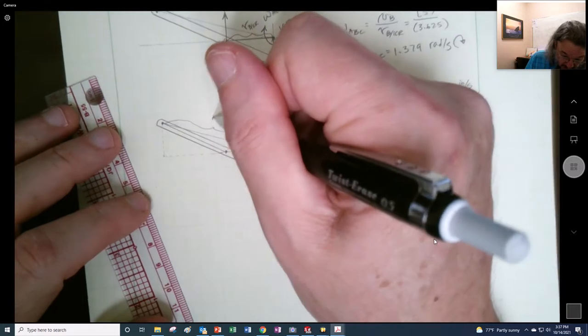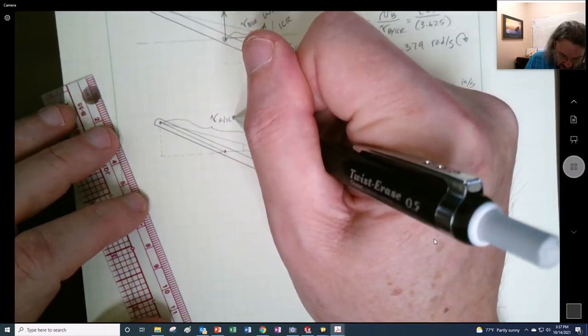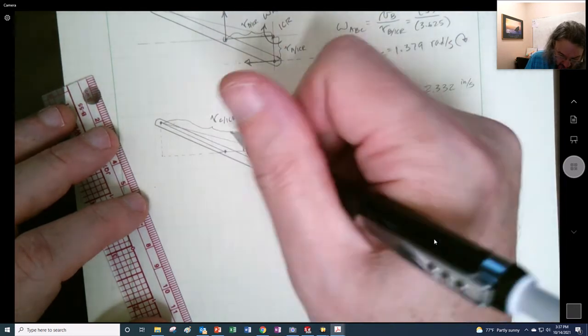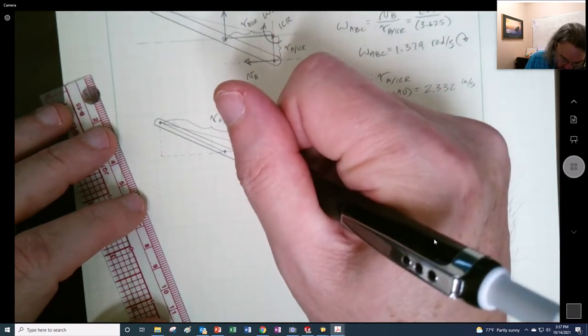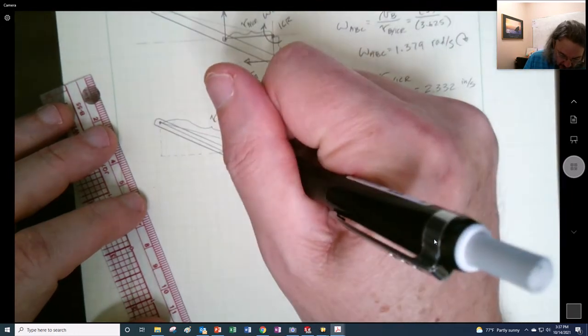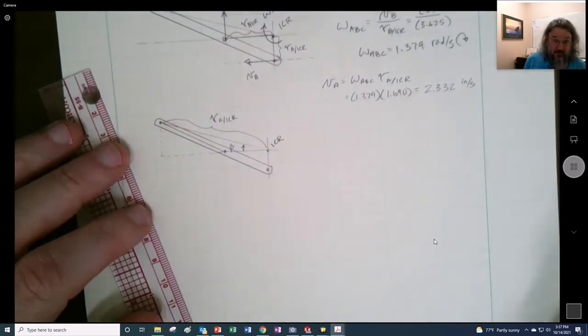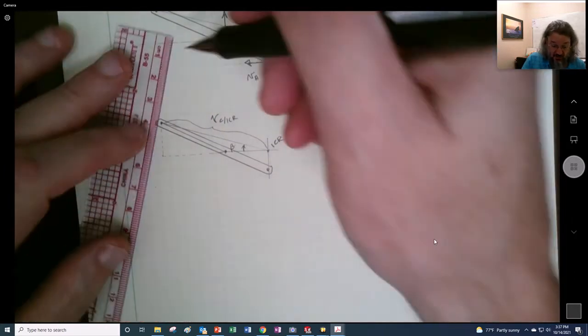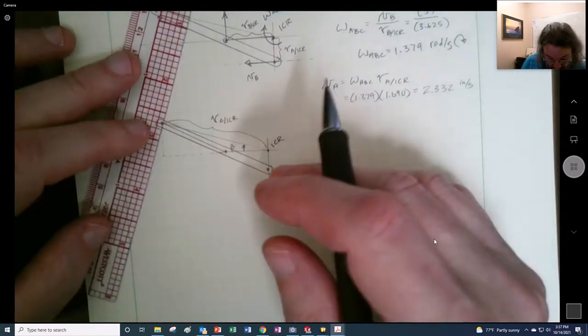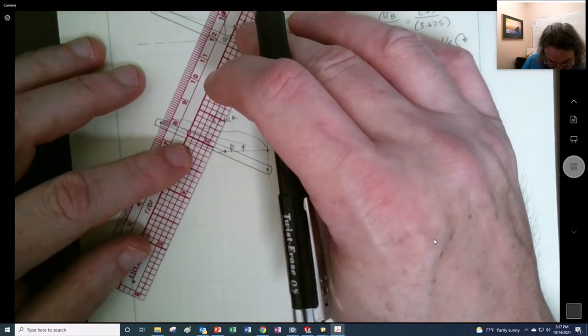That's going to be RC with respect to ICR, and I also want this angle right in there, which I would maybe want to call something besides theta, because we were using theta up above. I'll call it beta. That angle right in there I want to find, because then once I know that, I'll be able to think through and figure out.